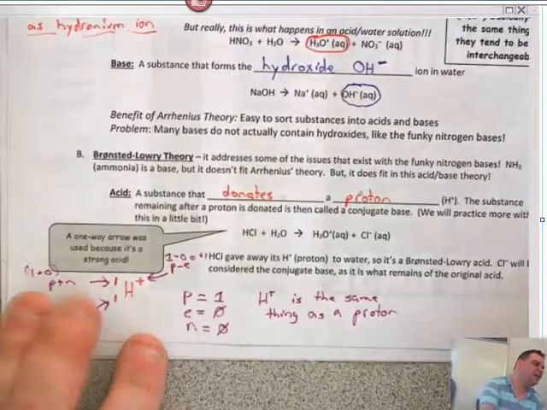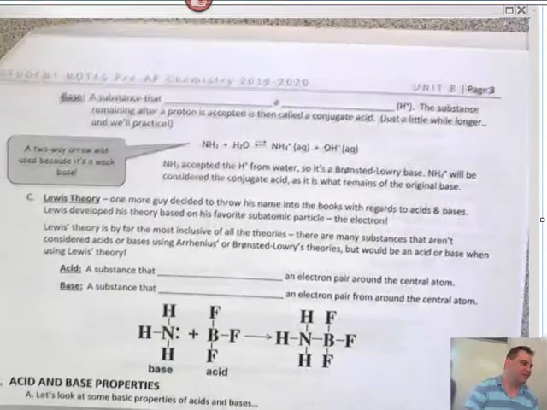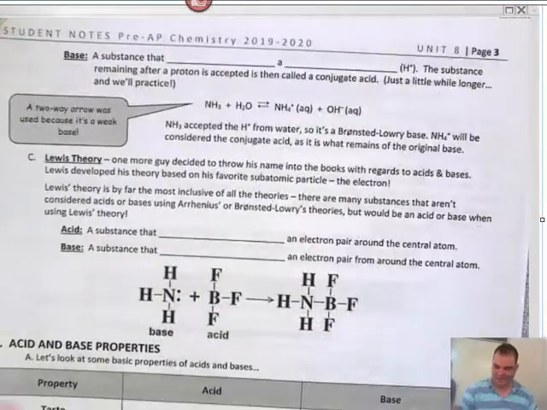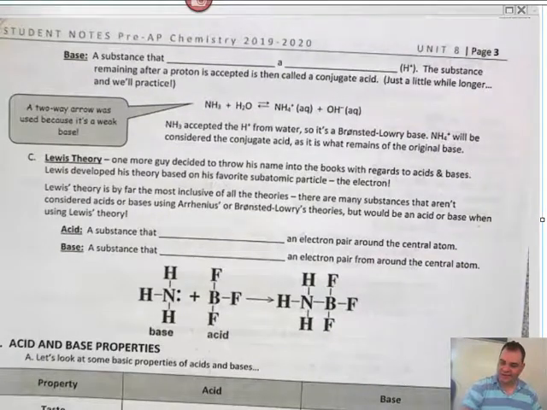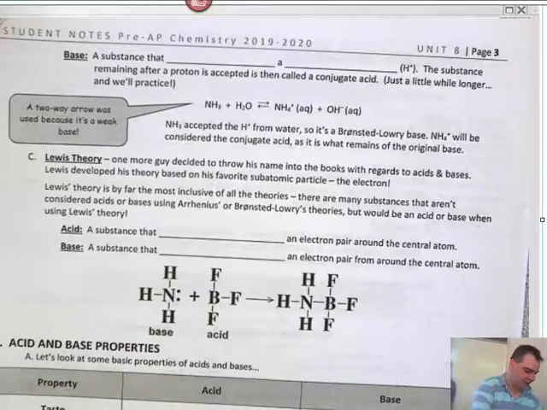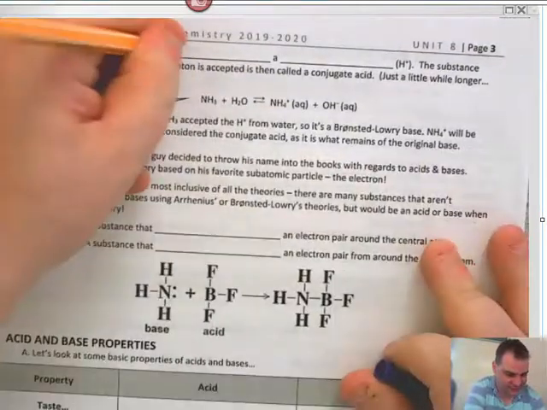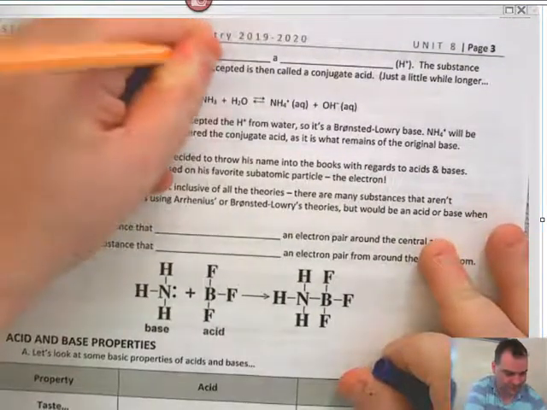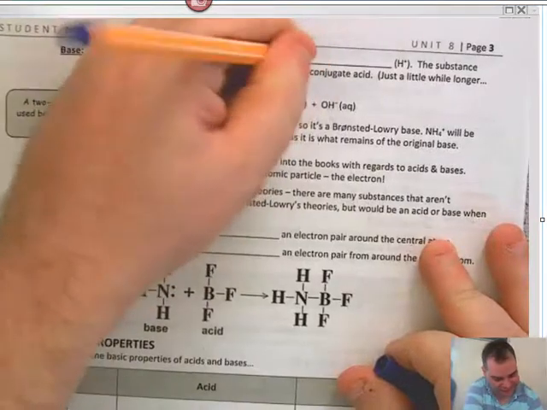Let's look at the Bronsted-Lowry base definition here. A Bronsted-Lowry base is a substance that accepts a proton.